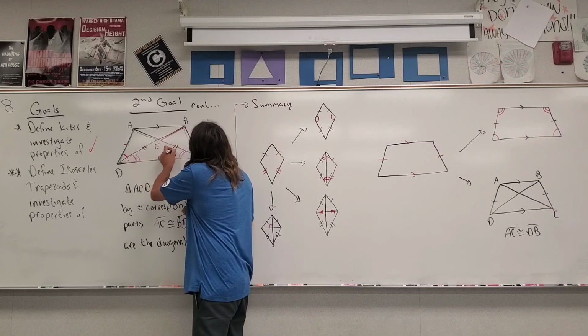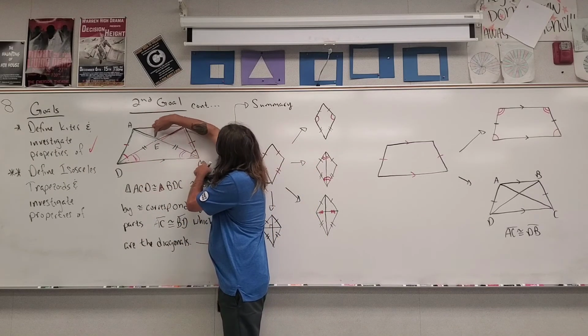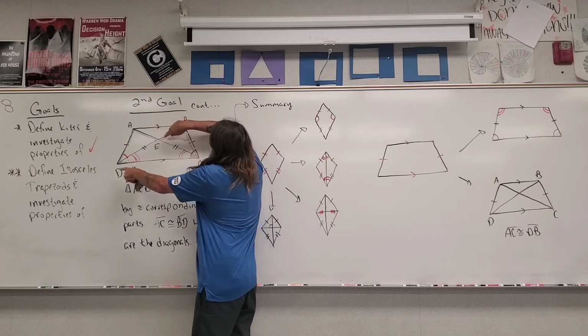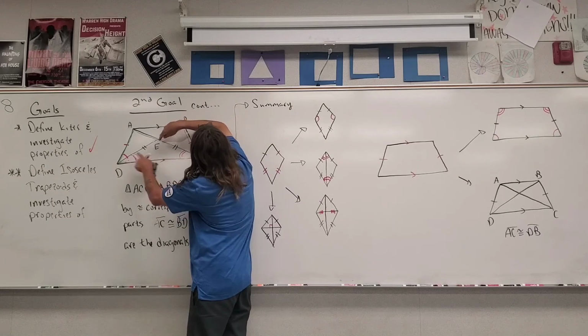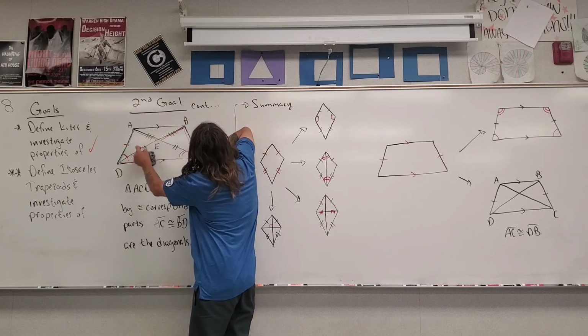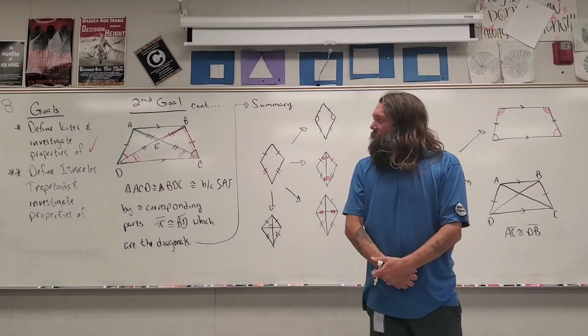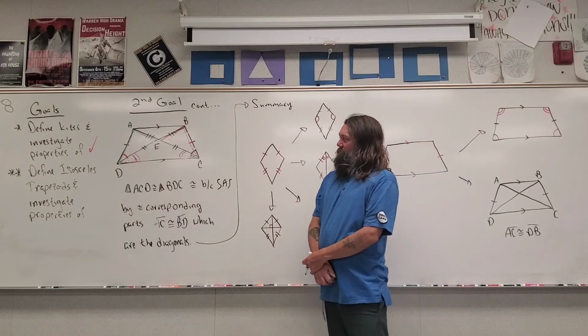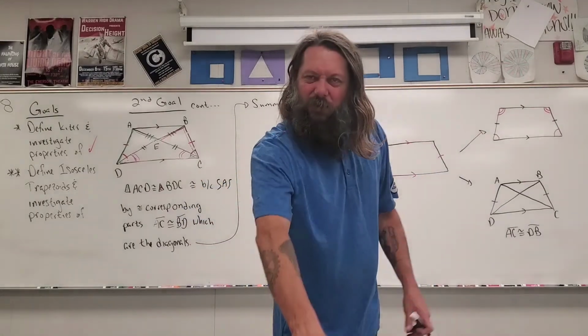So those guys must be the same. And if these guys as a whole are the same, and this is the same as that, if these are congruent, and these parts are congruent, then that means that the remaining parts must also be congruent. I'm not going to go too much into the argument, but that is actually the final property of an isosceles trapezoid. I don't believe this book mentions it, but I'll show it nonetheless.